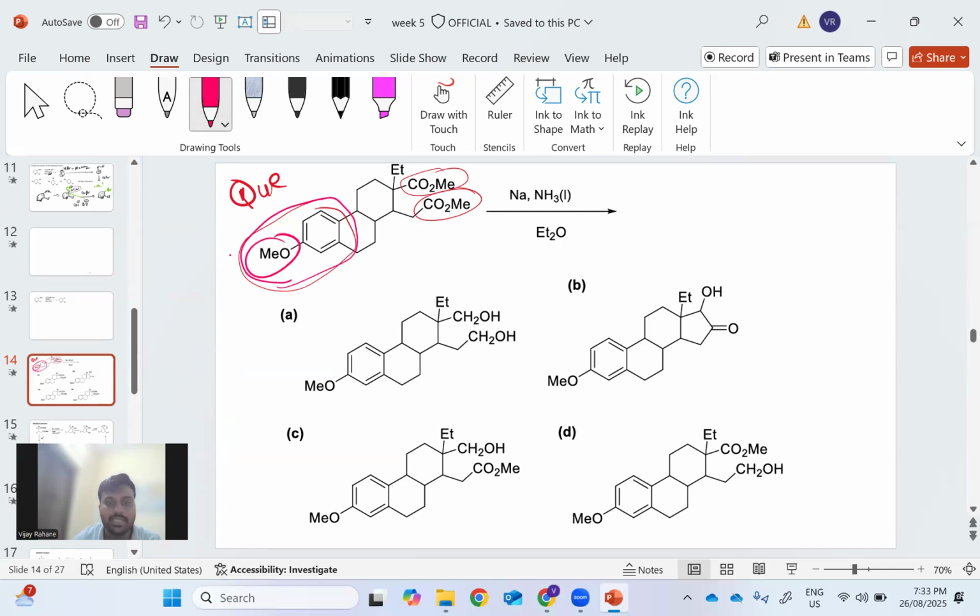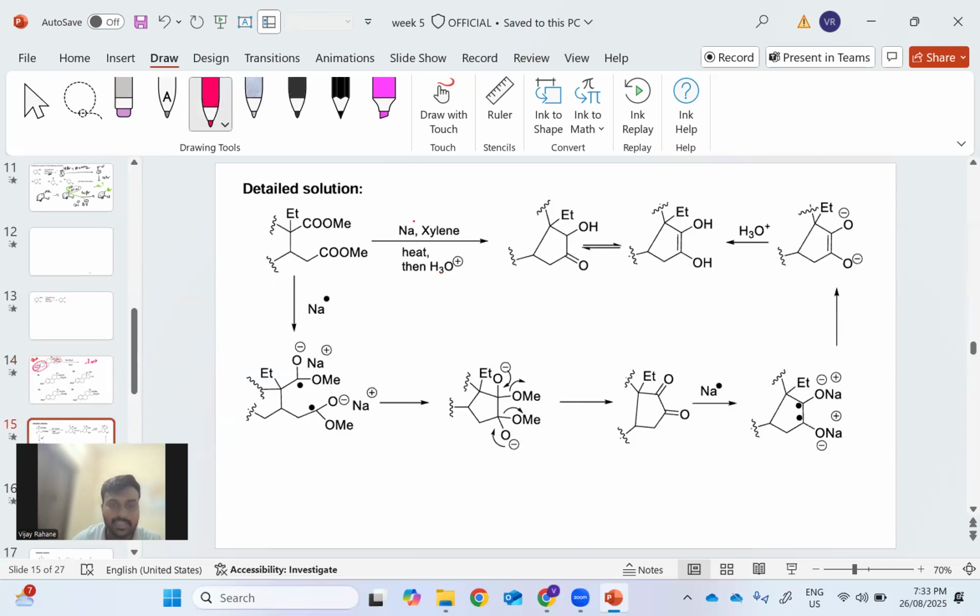And also, if you look at these ester groups, they are more electron deficient. So the esters are more electron deficient than these aromatic systems. That's why whenever the electron comes from the sodium, it goes to this ester.